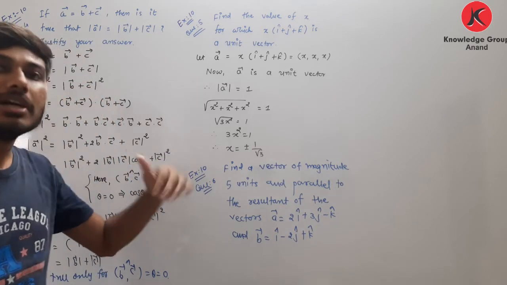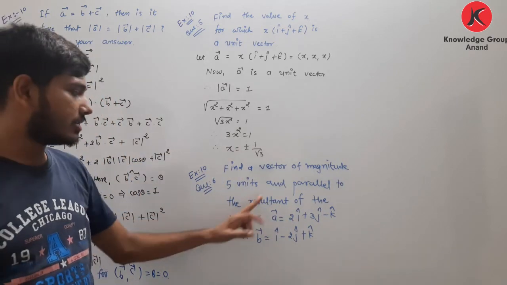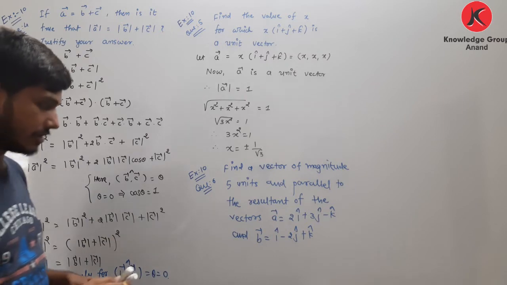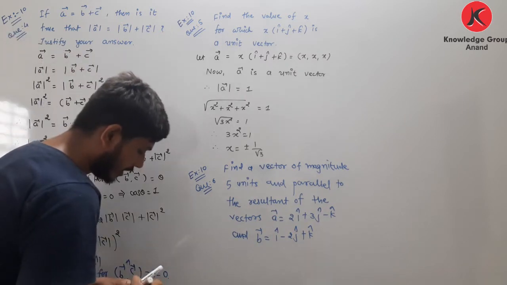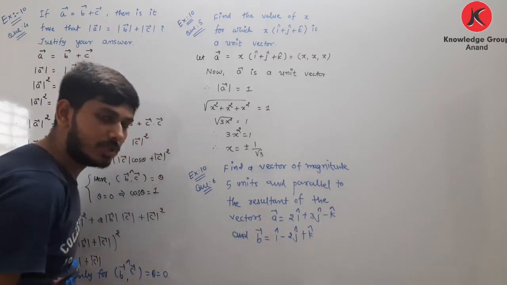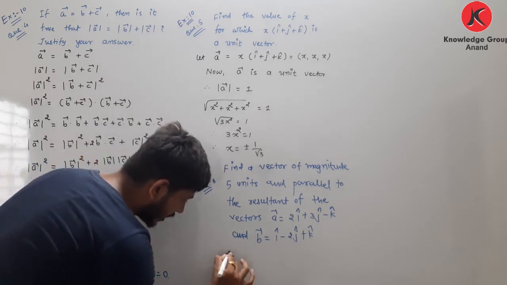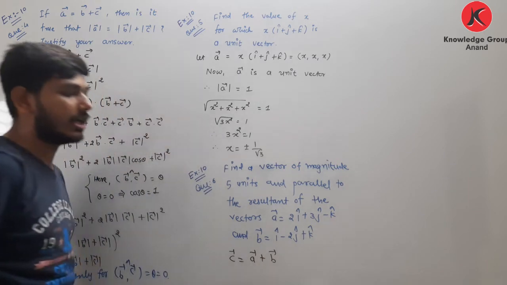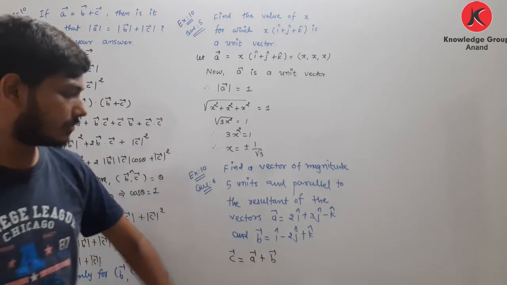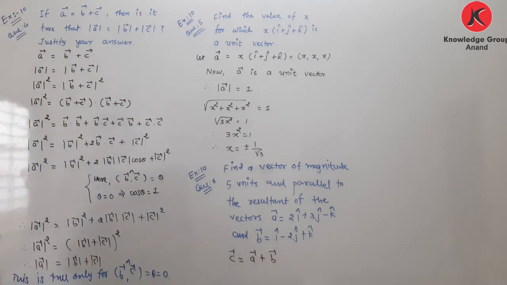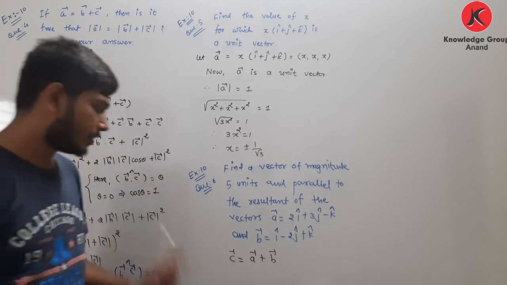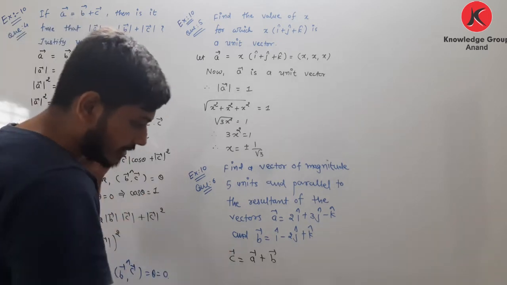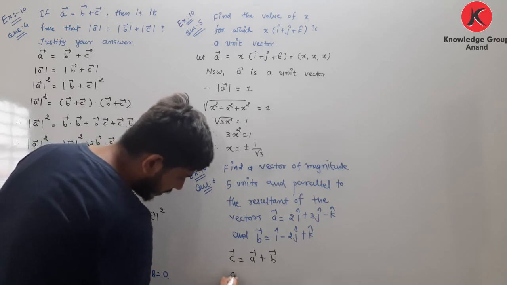Resultant means summation, that means addition of these two vectors. Suppose C vector is our resultant vector. So I am assuming vector C equals the resultant of vector A and vector B. That means C bar equals A bar plus B bar.